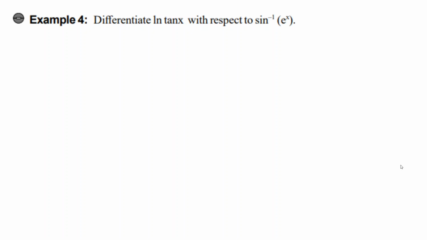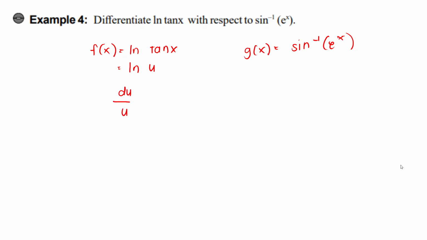With respect to means that this is the one in the denominator. So we have f of x equal to ln tangent x, and g of x equal to sine negative 1 of e to the x. Let's derive this. For ln u, the derivative is du over u. If u is tangent x, du is secant squared x, so f prime of x is secant squared x over tangent x.